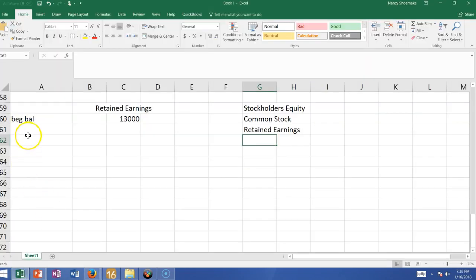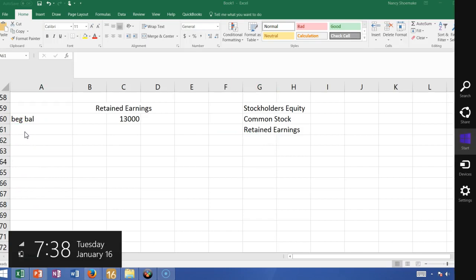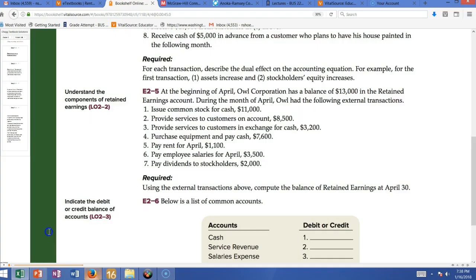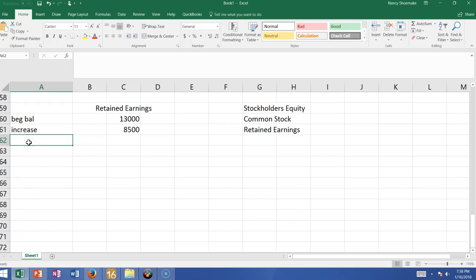So this showed an increase of how much? 8,500? Okay. Next. Provide services to customers in exchange for cash, 3,200. Cash goes up, and what else goes up? Retained earnings goes up by 3,200.